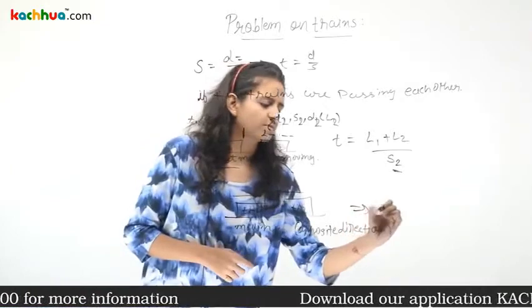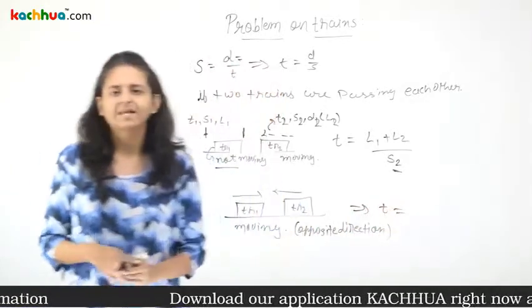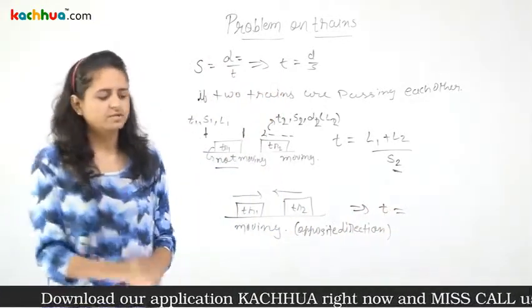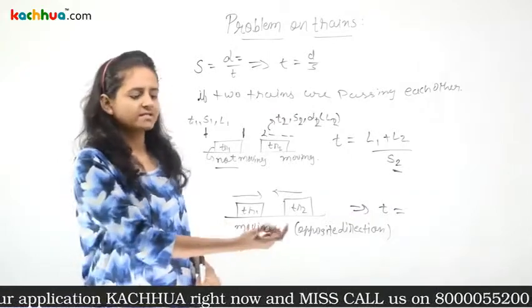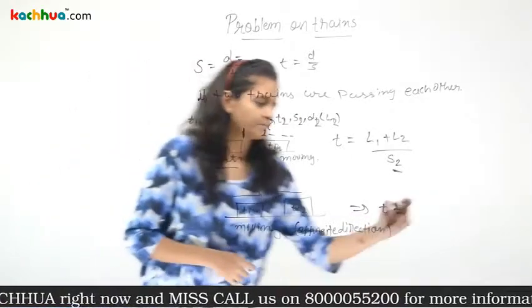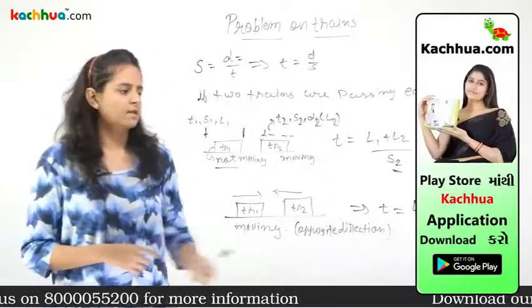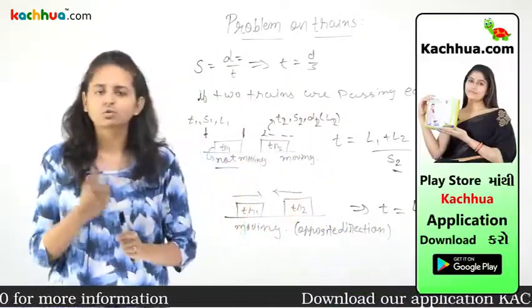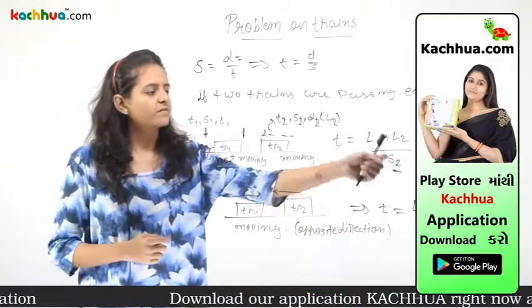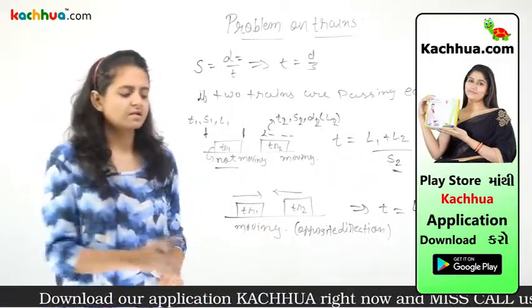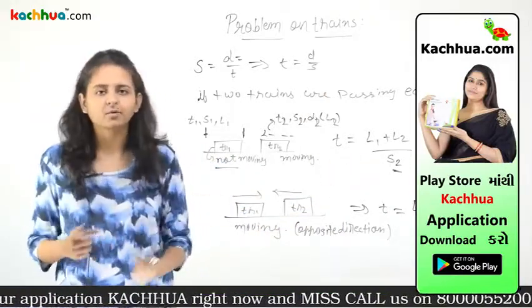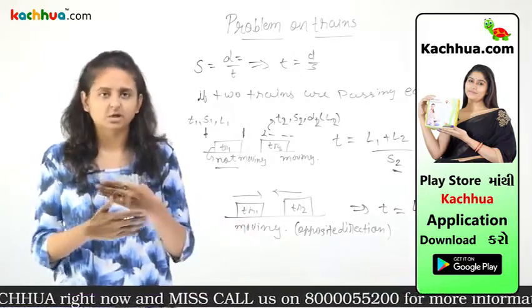So, this will be T equals L1 plus L2, that is length of train 1 plus length of train 2, divided by, now over here only train 2 was moving, so we had written S2. But both trains are moving in opposite directions.